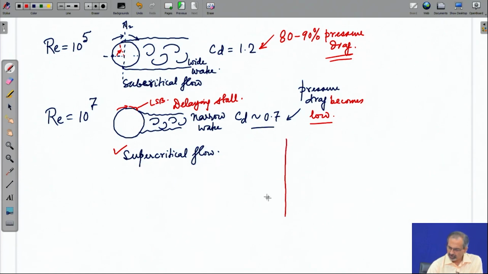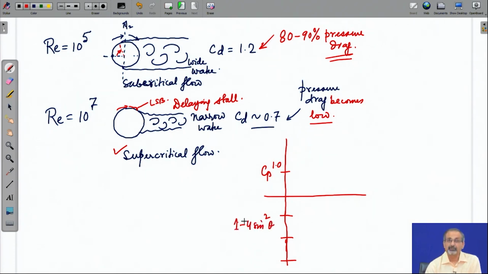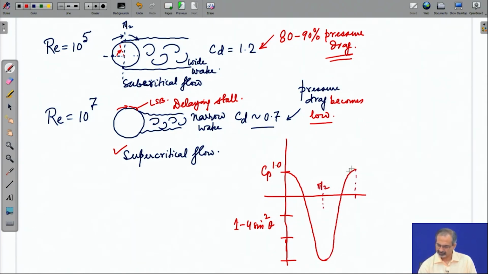So, if you were to look at the Cp distribution, you recall the potential flow theory which gave Cp equal to 1 minus 4 sin square theta. If you follow that pattern, then it looks like this. This is pi by 2, this is pi.